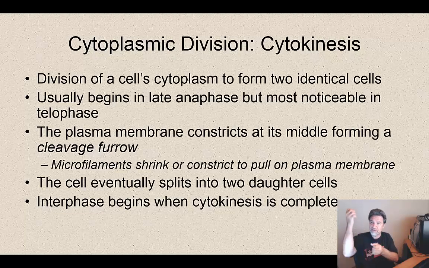And as they shrink, those anchors into the cell membrane will begin to tug on the cell membrane, and they'll begin to cause this pinching in or this furrow effect. And eventually it will completely bisect the cell, and from one parent cell will produce two identical, in terms of chromosome content, daughter cells. And then they're both ready to begin interphase after that.